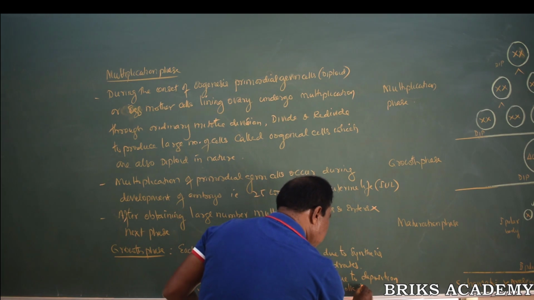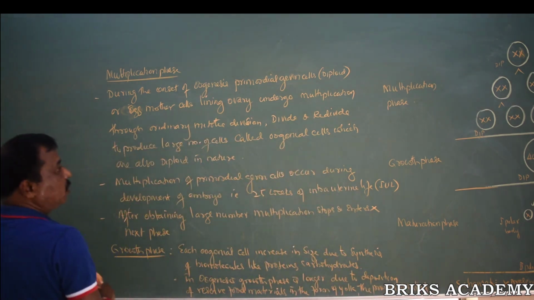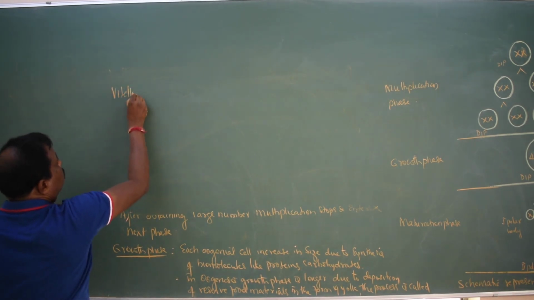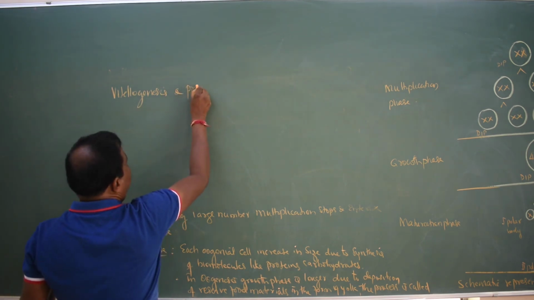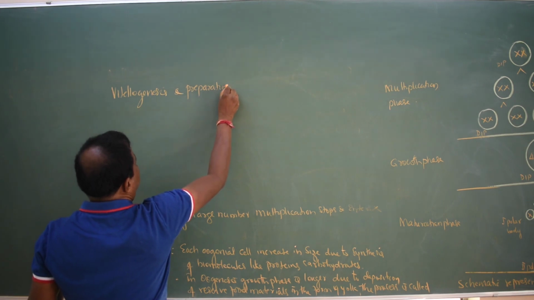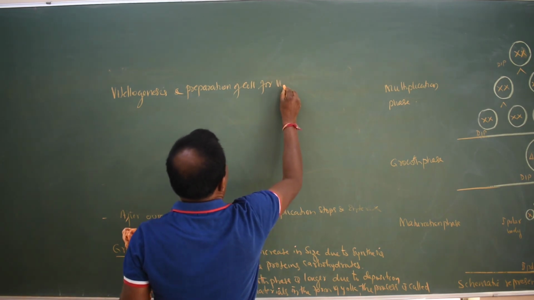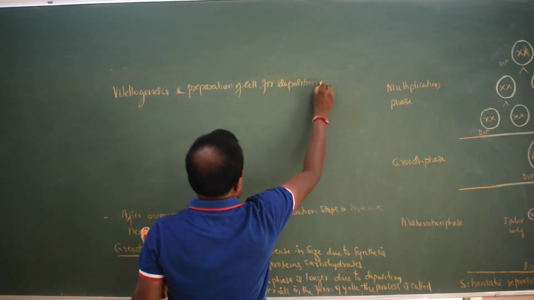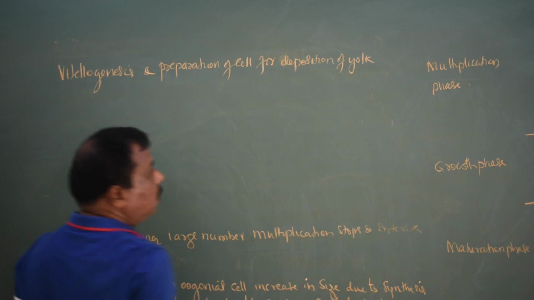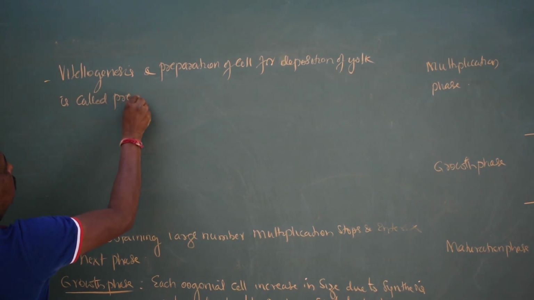The process is called vitellogenesis, and preparation of the cell for deposition of yolk is called pre-vitellogenesis.